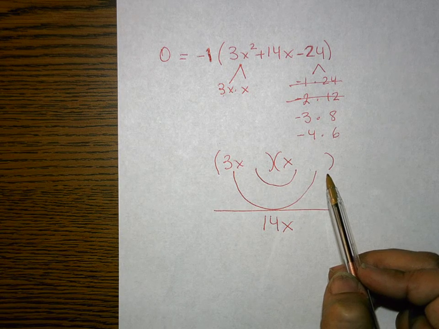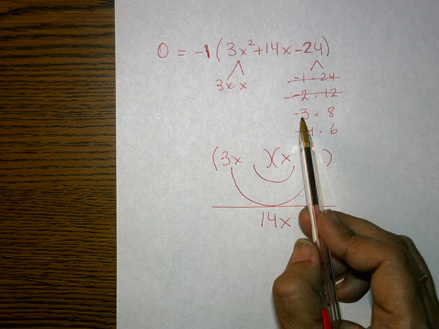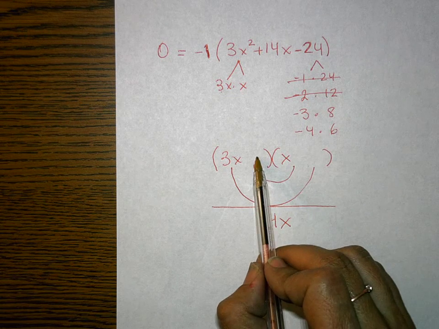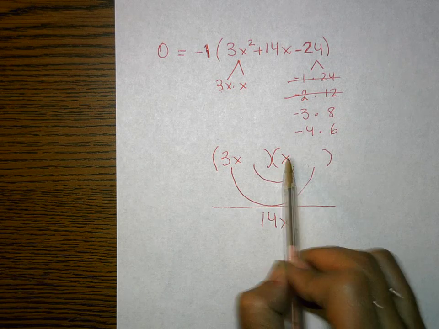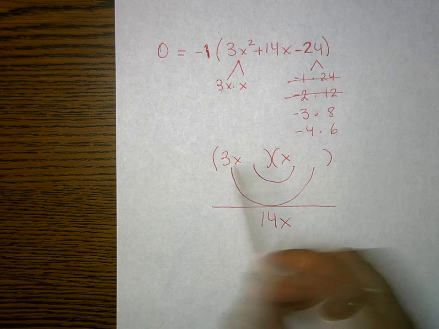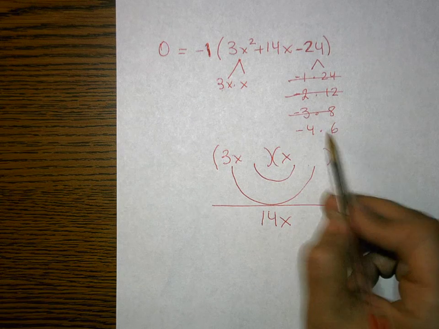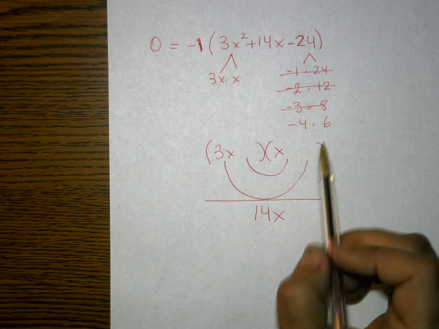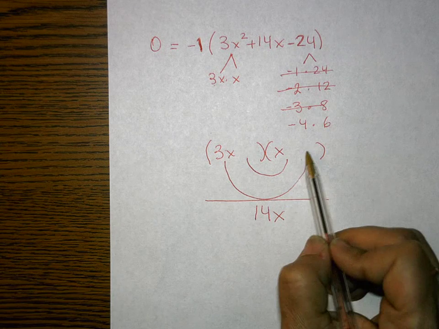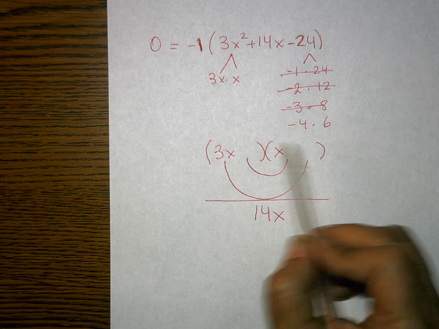If I put a negative 3 and an 8, if I put an 8 here, that would be an 8x. If I put a negative here, would be a negative 9. That doesn't work. Let's try this one. Hopefully this last two will work. If I put a 6 here, 3 times 6 is 18, and negative 4 times x, that might work.